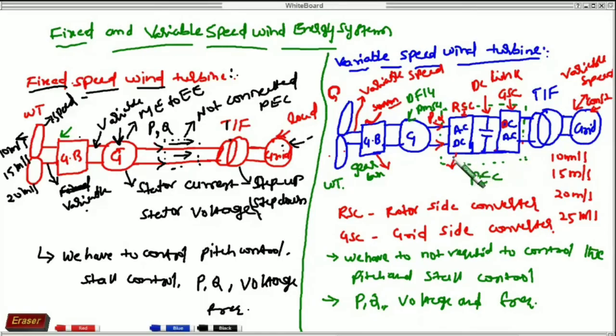The power we generate here is variable, and it is converted to constant power: DC to AC means variable DC to constant AC, and here variable AC to variable DC. This is the difference between fixed and variable wind turbines.